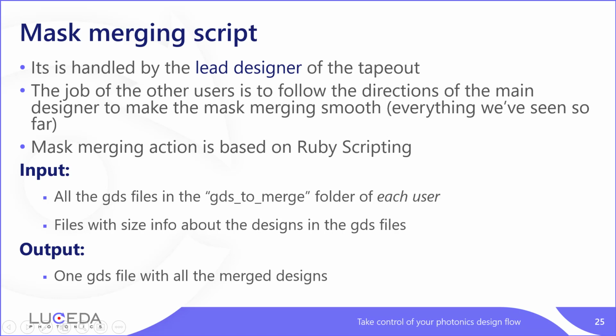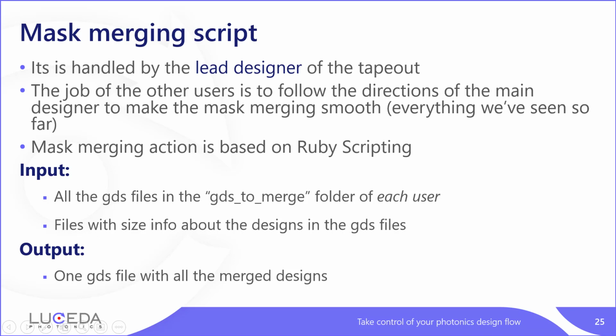It's also worth mentioning that our mask merging utility is actually based on Ruby scripting, which makes the mask merging quite fast. The input of this mask merging script is all the GDS files in the GDS to merge folder of each user, and also the files with size information about the designs in the GDS files, so that the lead designer or the mask merger can move designs around.